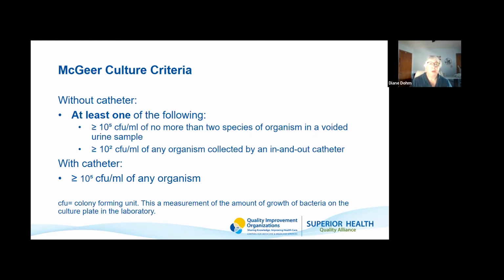But if they are reporting to you moderate growth, heavy growth for a urine sample, then you need to talk to your laboratory and find out what their criteria is for those terms. Because in order to really see if it meets the McGeer criteria, you need to have those values in a colony forming unit.